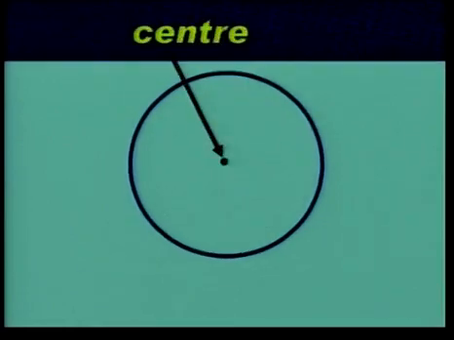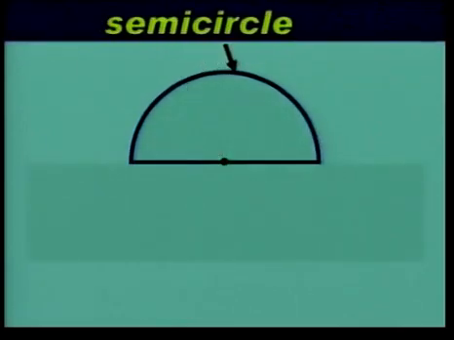The center is the point inside a circle that is equidistant from all points on the circumference. The semicircle is half of the circle.